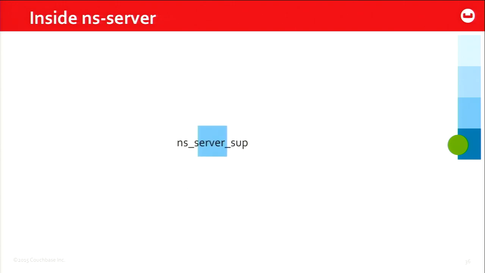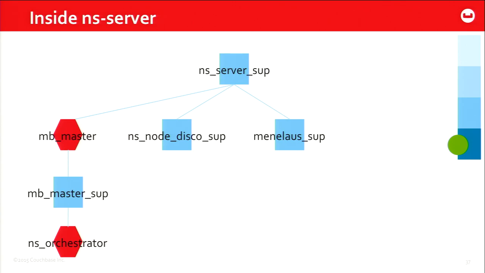So as we move down the hierarchy, now we're in the NS server supervisor. And there's some interesting parts of this. So the master process is a gen FSM. It's a finite state machine, which is another construct out of OTP. And it's responsible for master election. So it's the process which coordinates with the other processes and the other nodes in the cluster to elect a master, and then fail that, should that master cease heart beating, elect a new one.